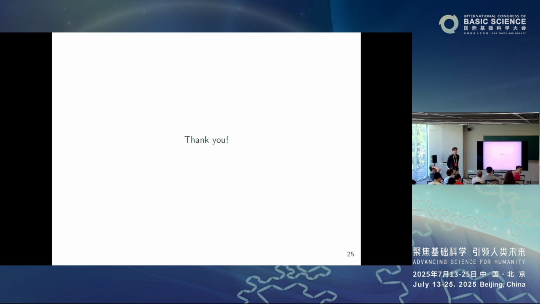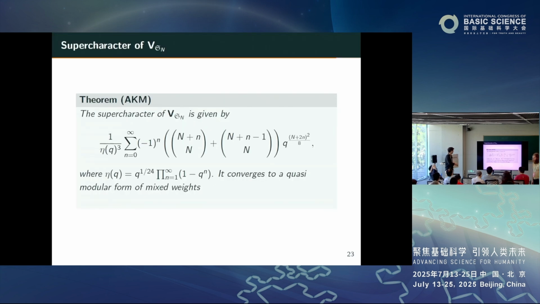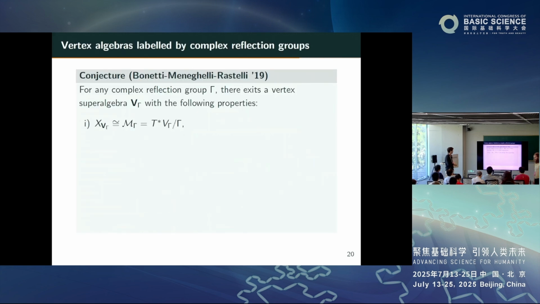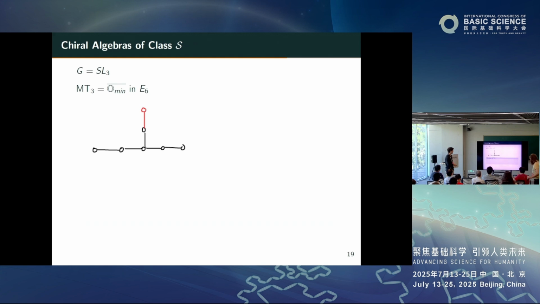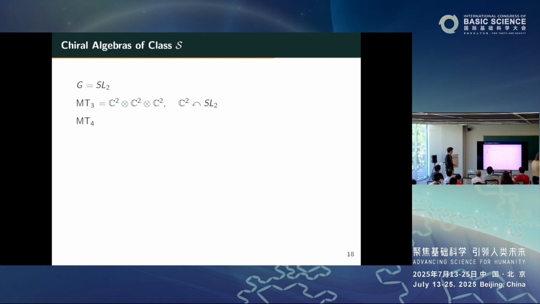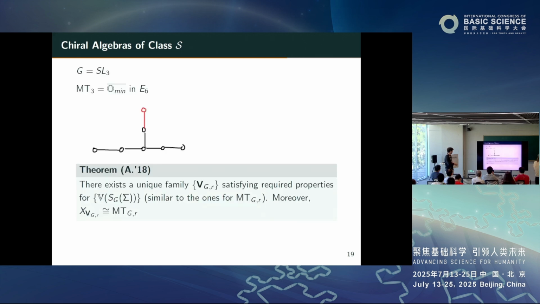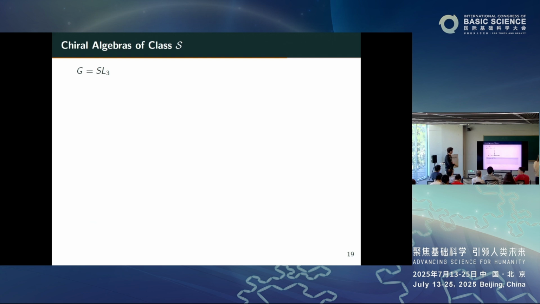Can you explain the uniqueness theorem in your construction? Which case? The Moore–Tachikawa. Yeah, why is it unique? So the way I constructed it, maybe it's better to show.